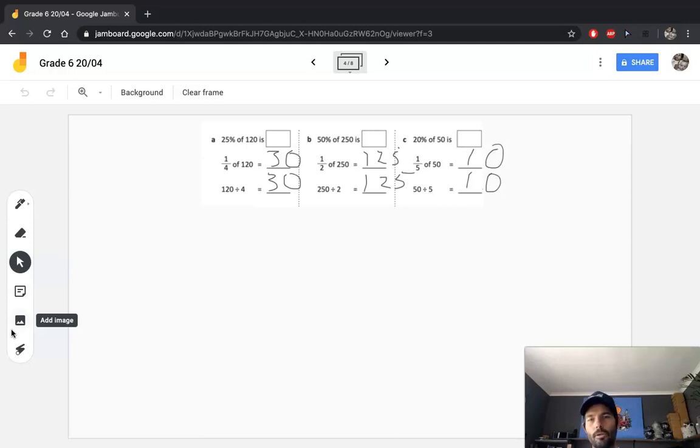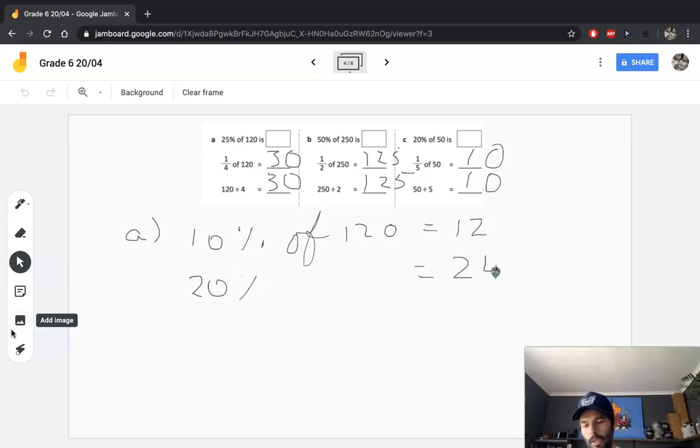If you struggle to do that, then I'm just going to do A over here. If I say 10% of 120 is 12, okay, 20% must equal 24.